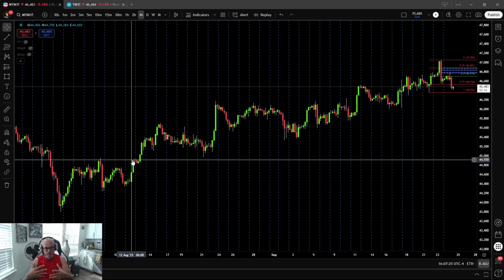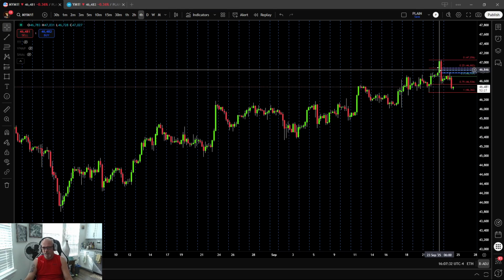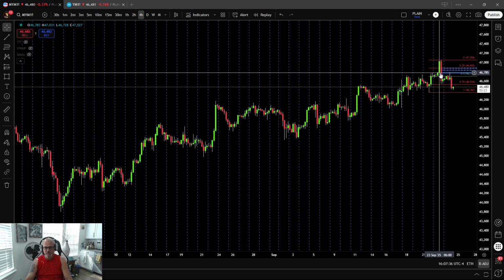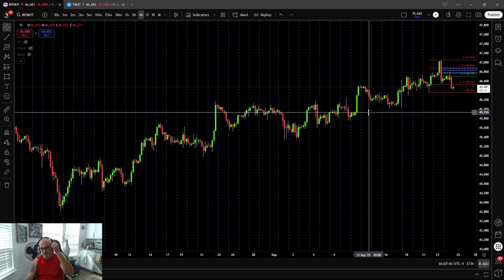It may take a while for that pullback to happen. We could have kept going up before we had our major pullback, but it just so happens that the 4-hour chart showed us our pullback is probably starting right here with the bearish engulfing candle, right?